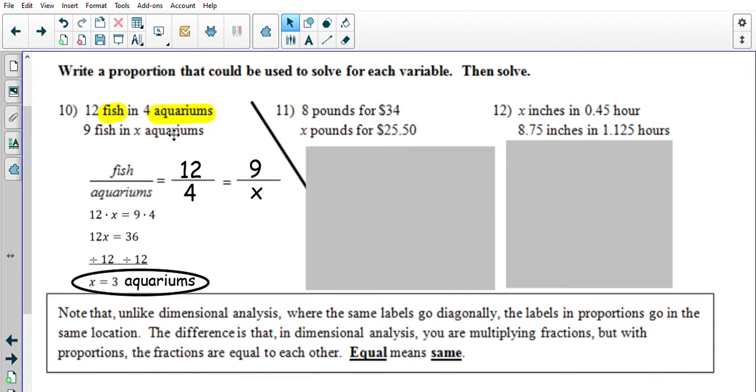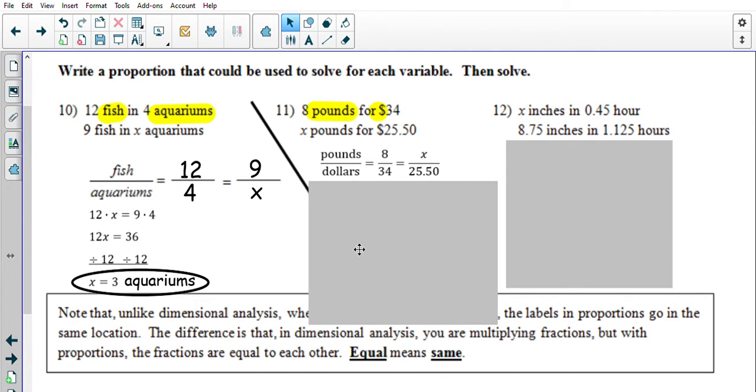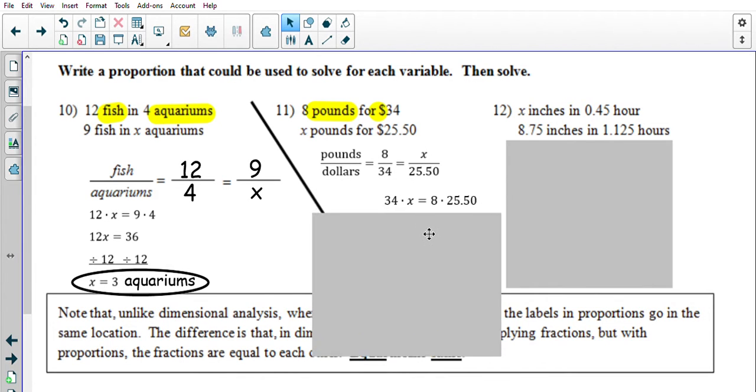All right, number 11, we're talking about pounds and dollars here. So the number of pounds in weight and dollars. So I set up pounds over dollars. Our first fraction, 8 pounds to $34. Our second fraction, X pounds to $25.50. Now we cross multiply. Take 34 times X and 8 times 25.50.